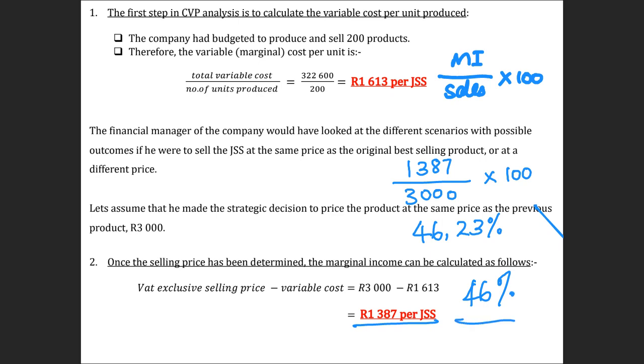Interpreted, this is saying that 46% of your total sales is going to be the contribution margin, or after paying off all of the variable costs, this is what remains of the sales. This is the marginal income that remains. Or you can say that 46 cents out of every rand worth of sales is going to be attributed to your marginal income. So that's your marginal cost and your marginal income.